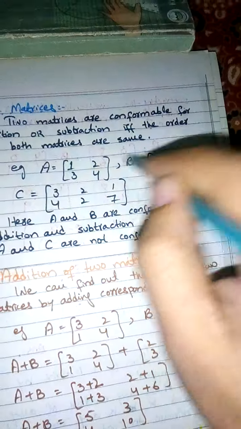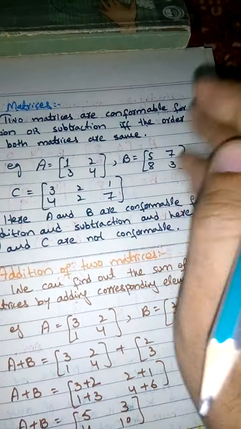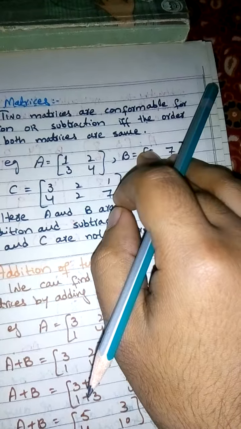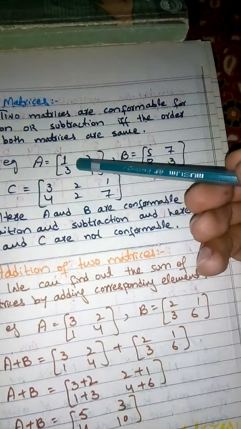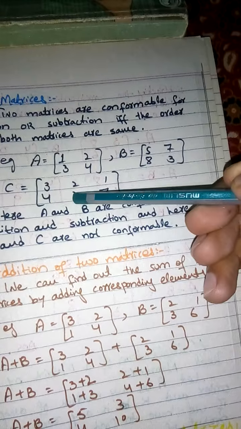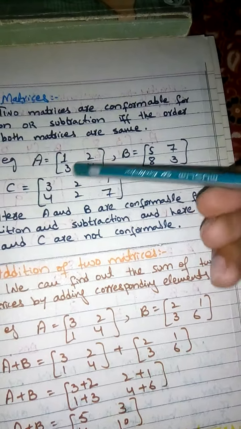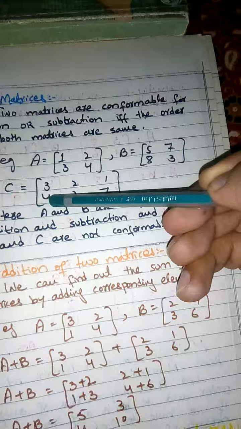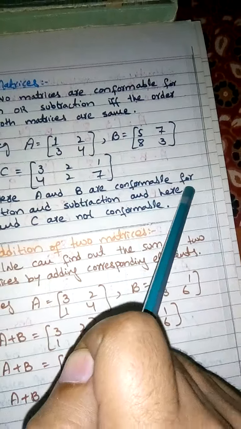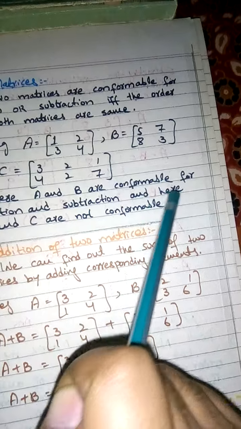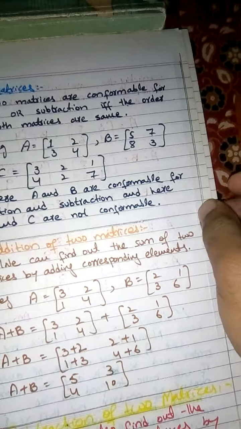So here we can add A and B, or we can subtract A and B, but we cannot add matrix A with matrix C or matrix B with C, or find the subtraction of A and C or B and C. Here A and B are conformable for addition and subtraction, and A and C are not conformable. Also B and C are not conformable.